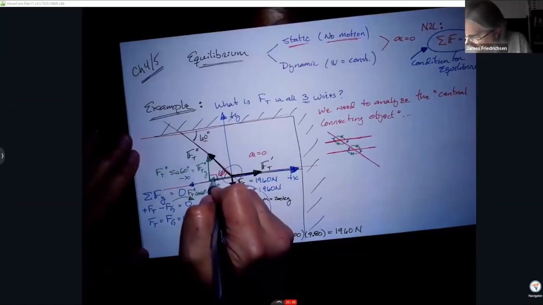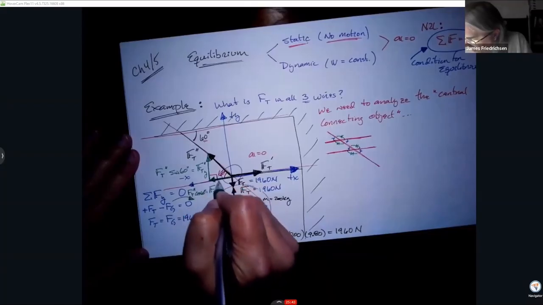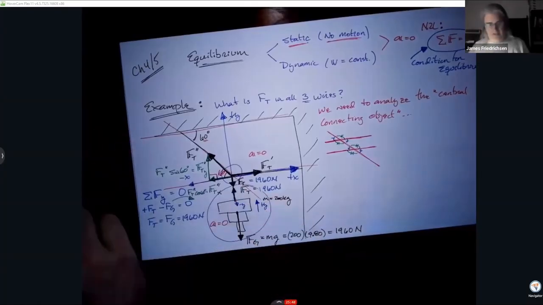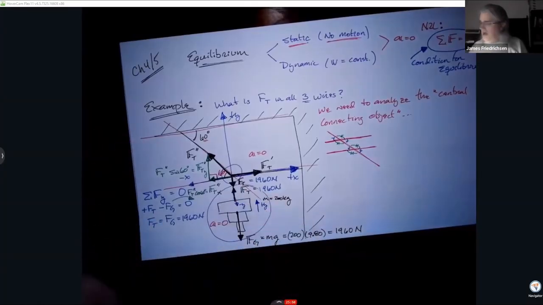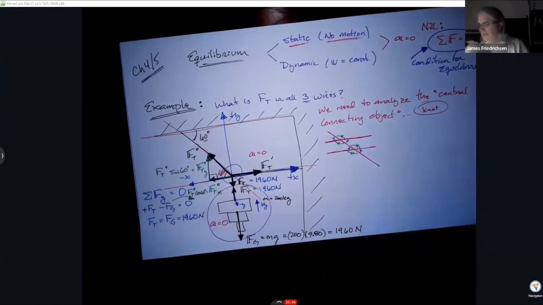Now, once we have this, we can write down Newton's second law in each direction for the knot. Our central connecting object I'll call the knot. This is the thing we need to look at.